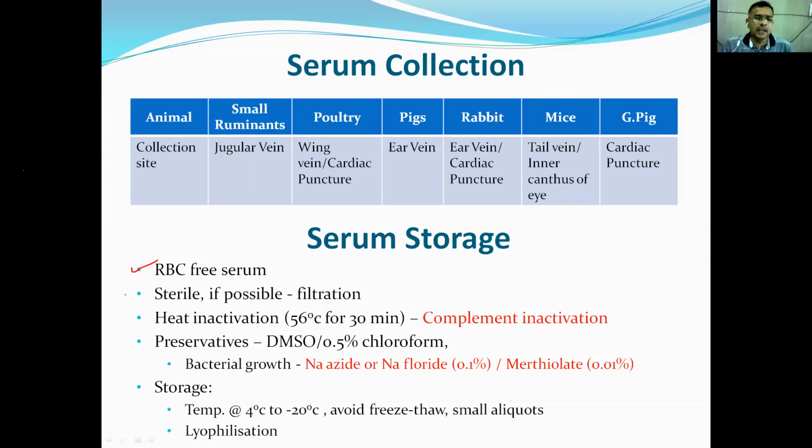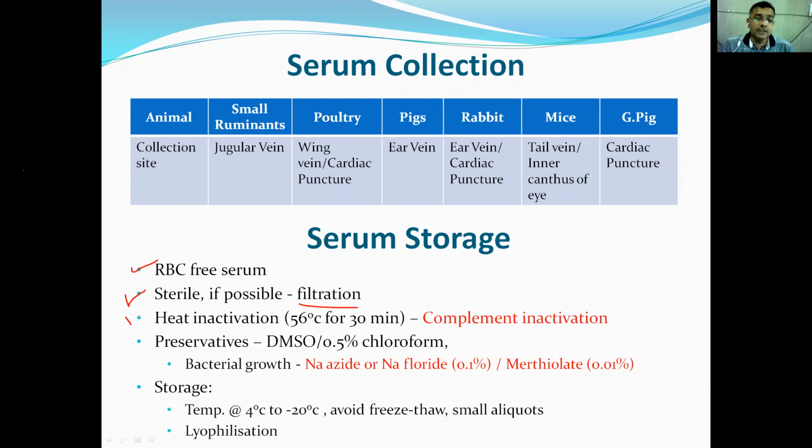The second, if possible, try to collect the serum in sterile condition, so that there is least contamination and minimum interference in subsequent procedure. If you cannot collect in sterile condition, then go for filtration as sterilization of serum. You can use a 0.22 or 0.45 micrometer filter, filter the serum, and then use or store that serum for future reference.